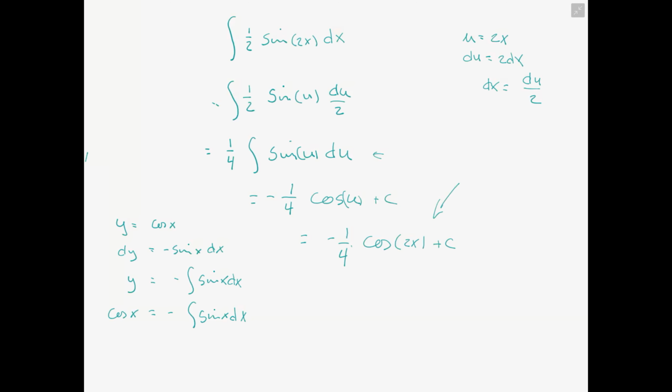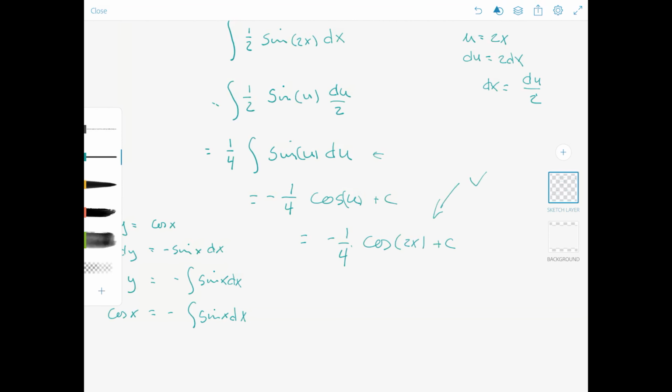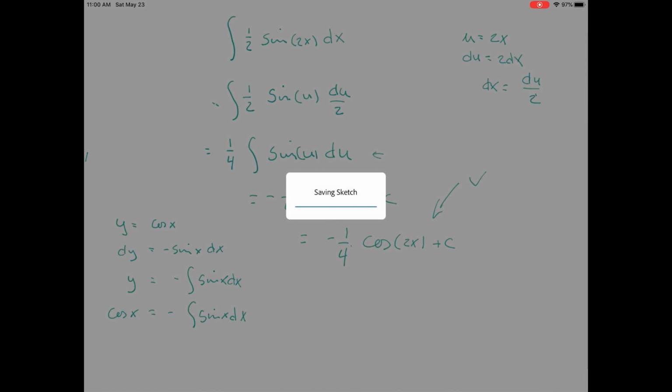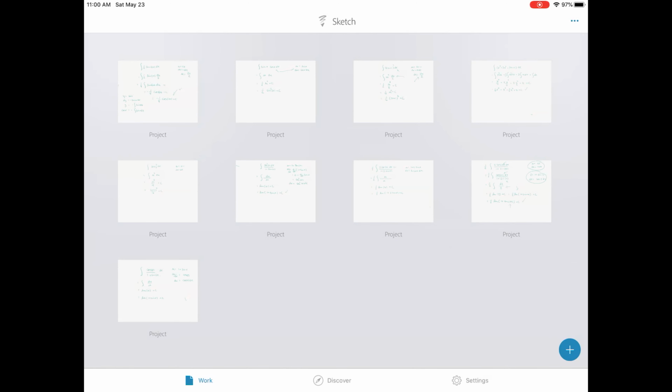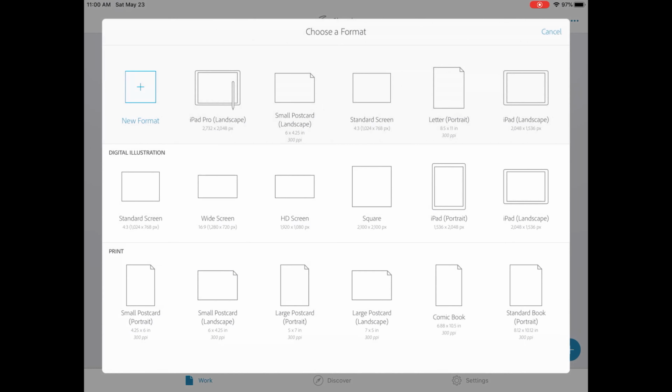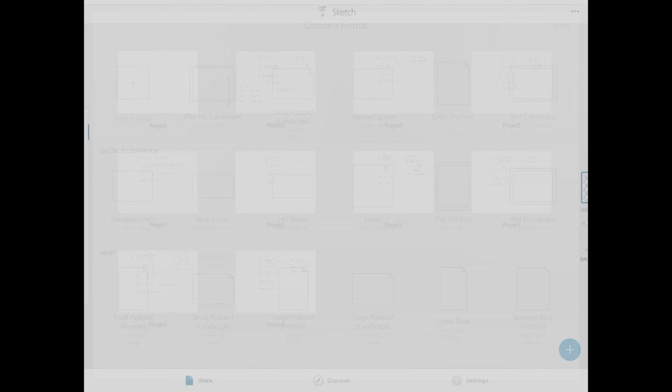I had the right substitution and all, but I didn't have the correct integrand, because here dx is du over 2, and that gets multiplied by 1/2, so then you end up with 1/4. So this is the right answer. Going through my notes, I found a mistake, and I'm going to have to make a notation of that somehow.